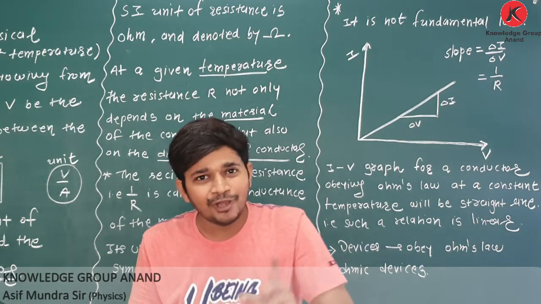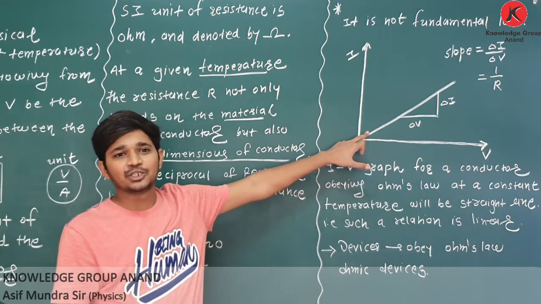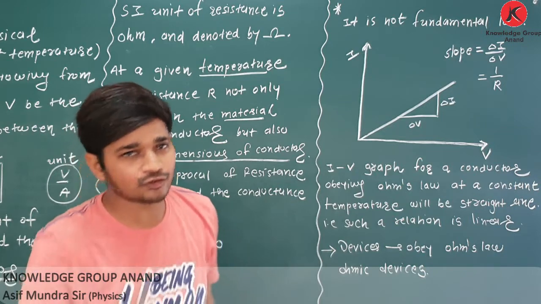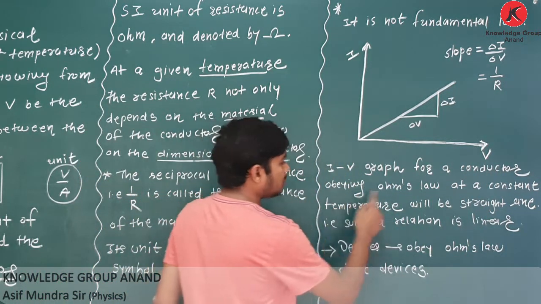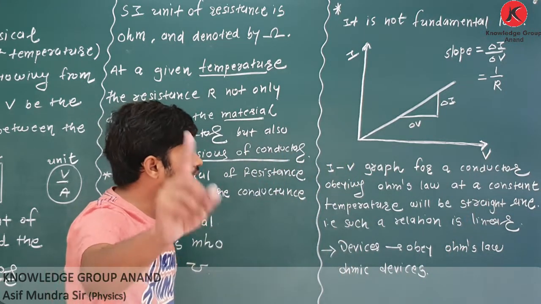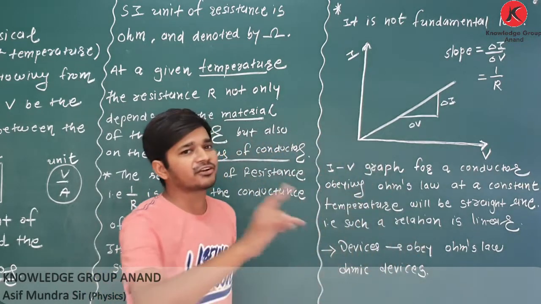When you draw the graph, it will be a straight line. Remember, the IV graph for a conductor obeying Ohm's law at a constant temperature will be a straight line, and such a relation is called a linear relation.